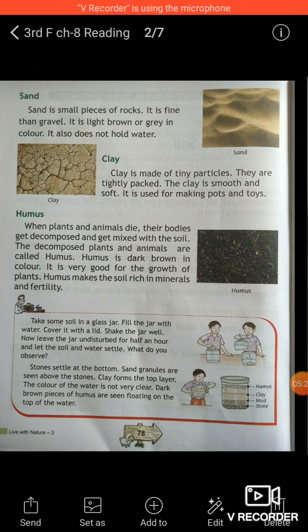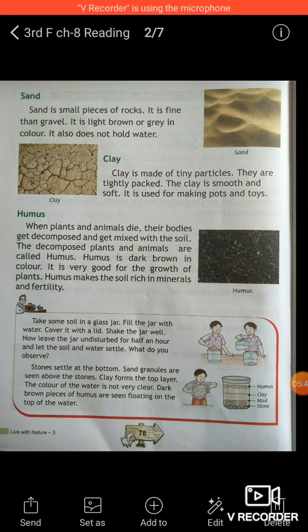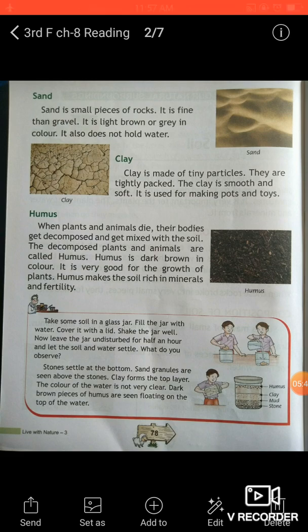It is very good for the growth of plants. This part of soil is very beneficial for the plants. Humus makes the soil rich in minerals and fertility. It fertilizes very easily.